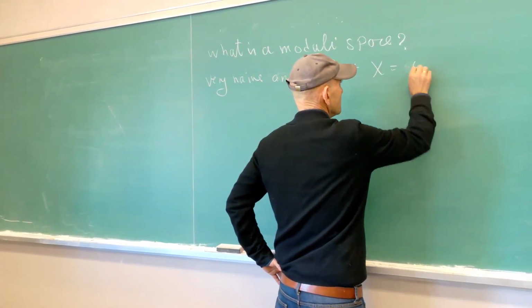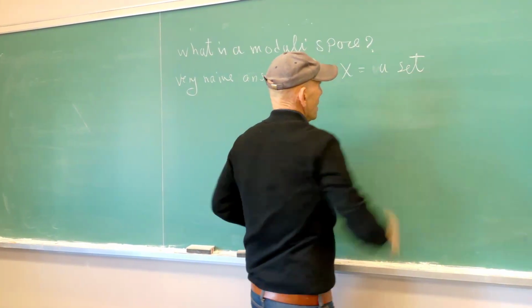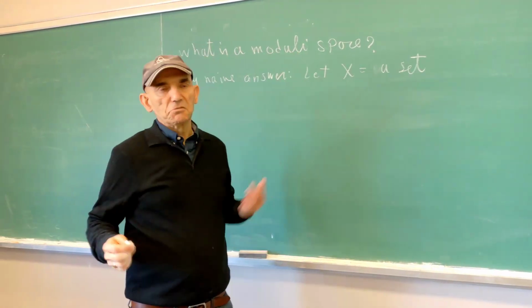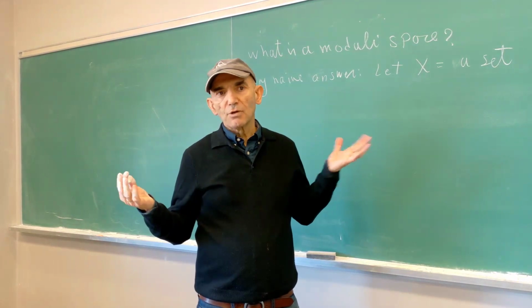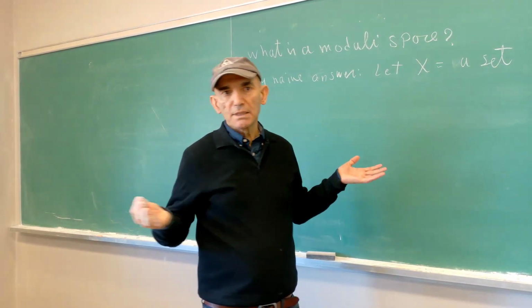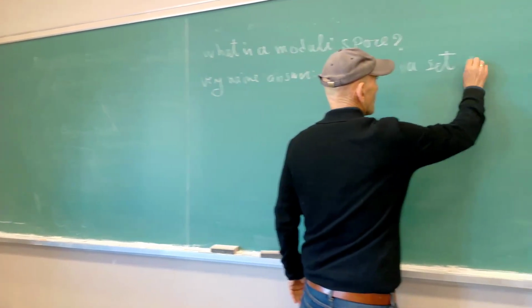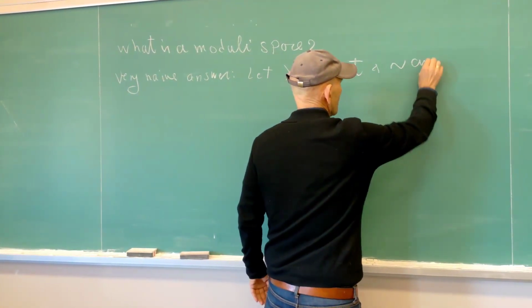This set could be, I will give you many examples, and you have seen this. It is a set of objects, and you have an equivalence relation on this set.